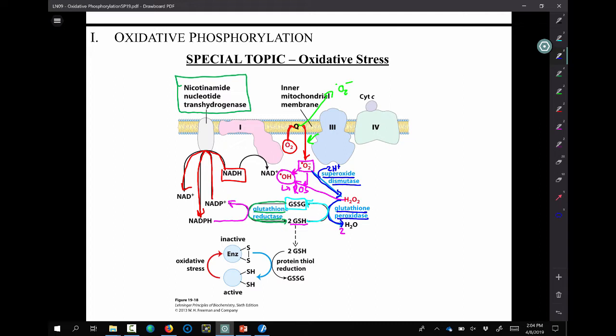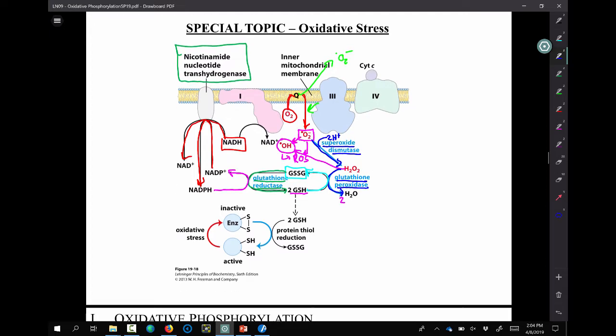The source of NADPH in the mitochondria is the enzyme nicotinamide nucleotide transhydrogenase, which takes electrons off of NADH, which will accumulate in the matrix if the electron transport chain is slowed down, and puts those electrons on NADP+, making NADPH. That's how, by and large, mitochondrial metabolism deals with the production of reactive oxygen species.